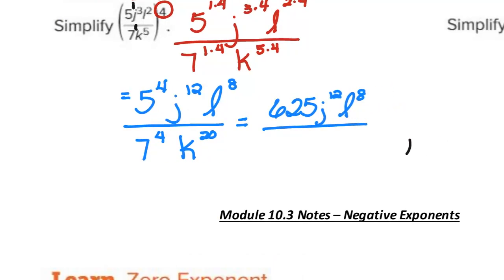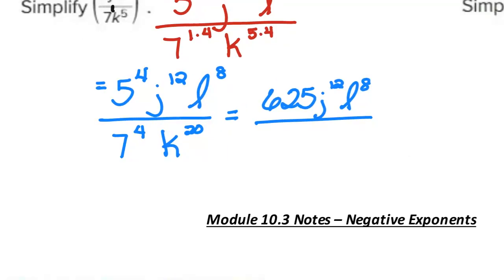divided by, and 7 to the 4th is 7 times 7, which is 49. And 49 times 49, I have no idea. You got me? 7 to the 4th power.